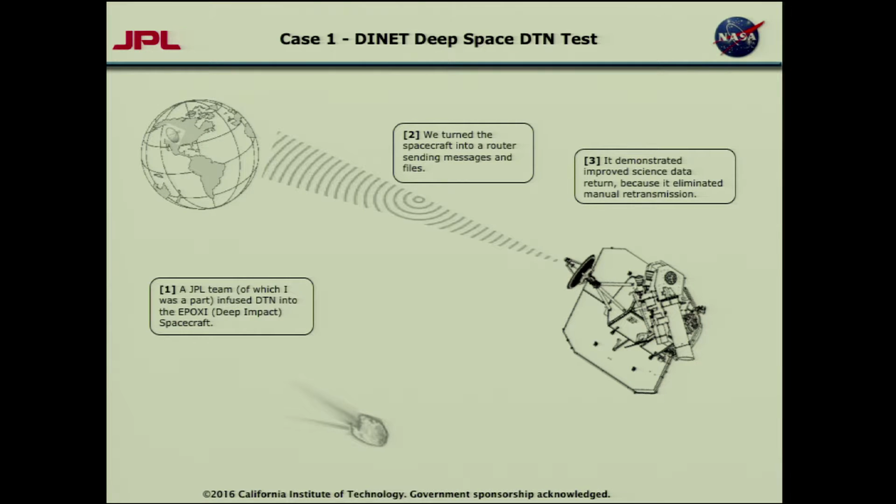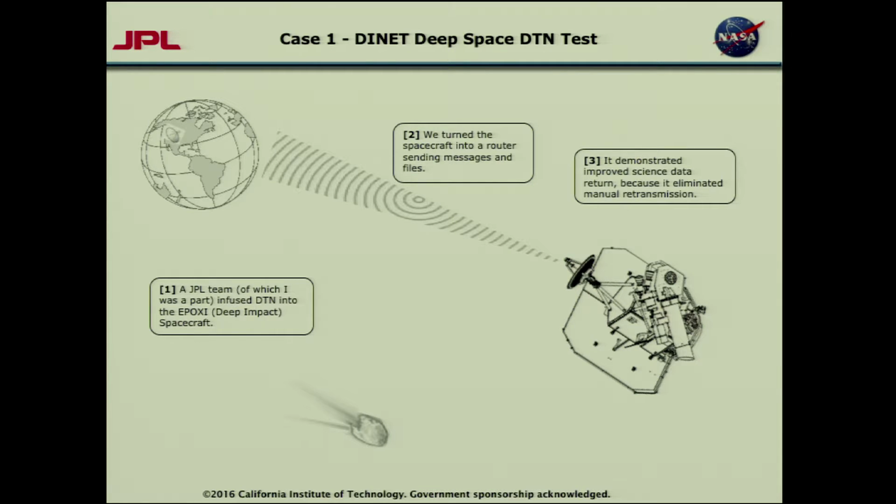So the spacecraft acquired a node address and was addressable from computers on the ground as a networkable device. By infusing this library into the flight software, we were able to turn the spacecraft into a router. We were sending images and data up to the spacecraft, and it was routing it to different machines on the ground.